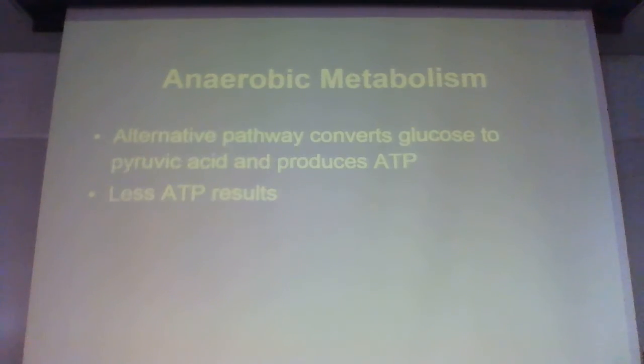He kind of went through that. Anaerobic has to get it from something else, right? And the end result is in anaerobic metabolism, we're not producing as much energy. So if we're not producing as much energy and we're not perfusing any of that stuff to the end organs or the tissues, it's all going to start to dysfunction.